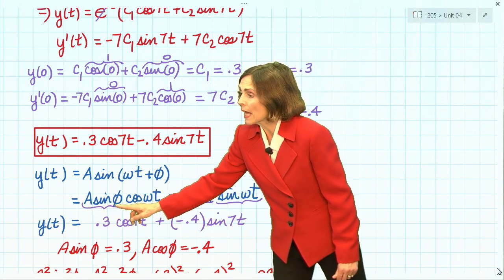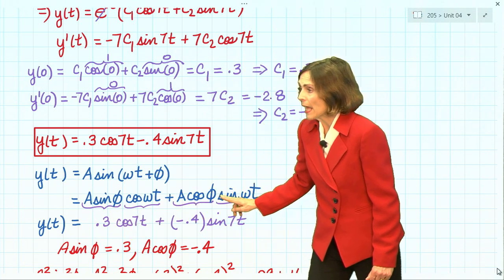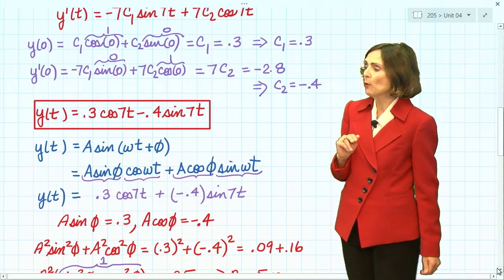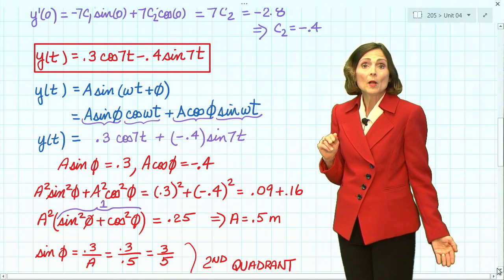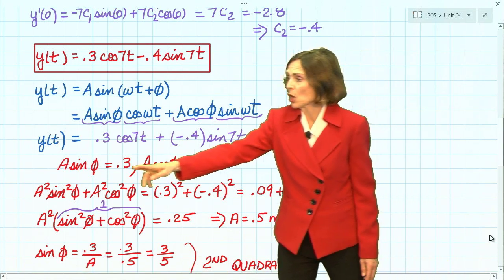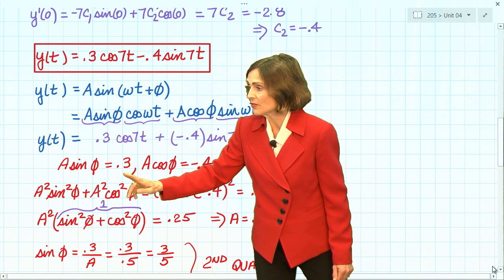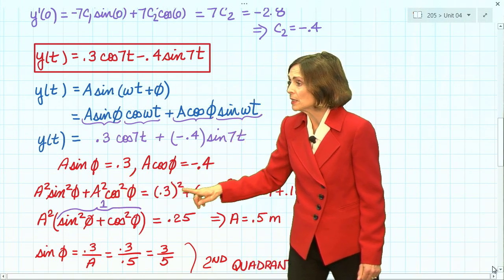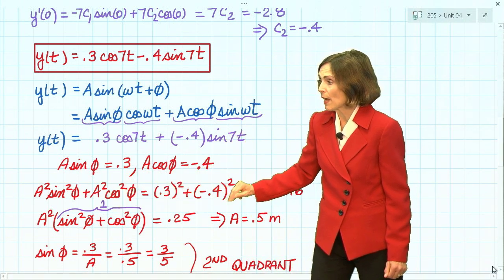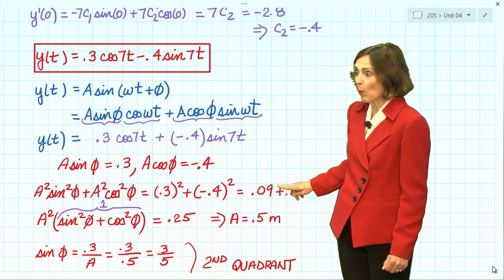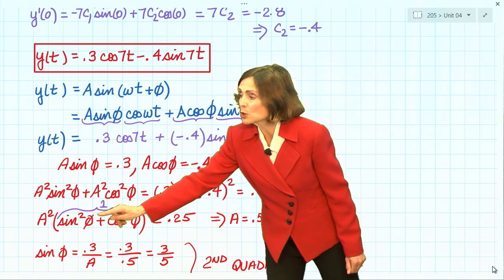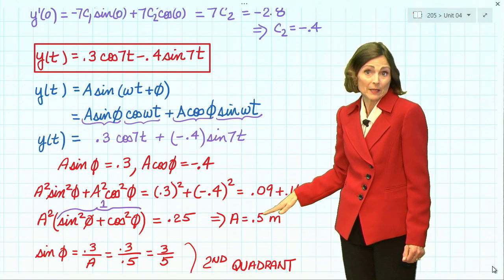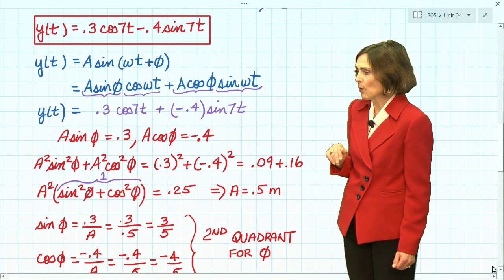So A sine phi is 0.3 and A cosine phi is minus 0.4. If I square those terms, A squared sine squared phi plus A squared cosine squared phi is 0.3 squared plus minus 0.4 squared. That's 0.25, but sine squared plus cosine squared is 1, so A is 0.5 meters in this problem.